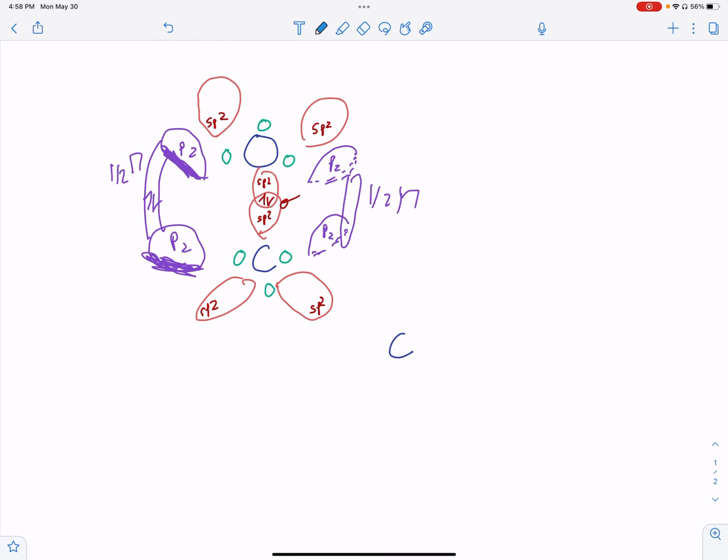So I'm going to choose to make this one dotted. I'll make this one wedged. Do the same pattern over here.